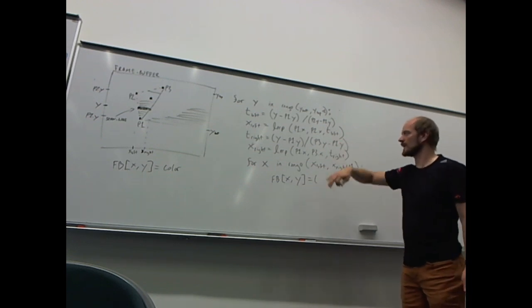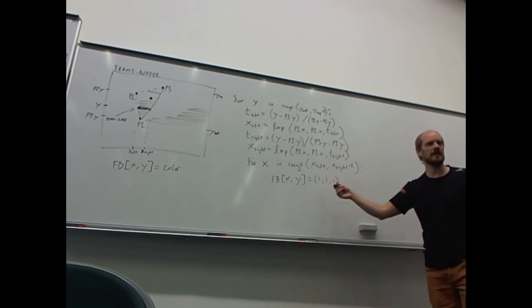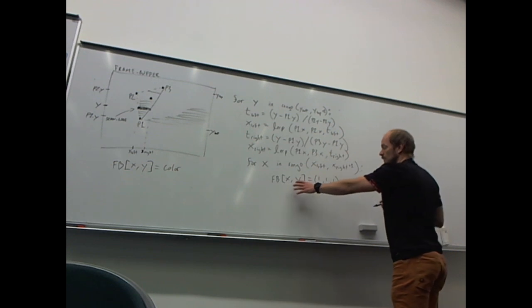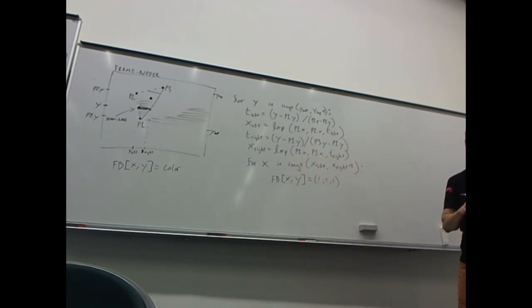Let's imagine we had a black background and I want a white color. Something like that. Again, pseudocode. So we just take some color value and we put it into the frame buffer at x and y. So at this point, we filled everything in, right?